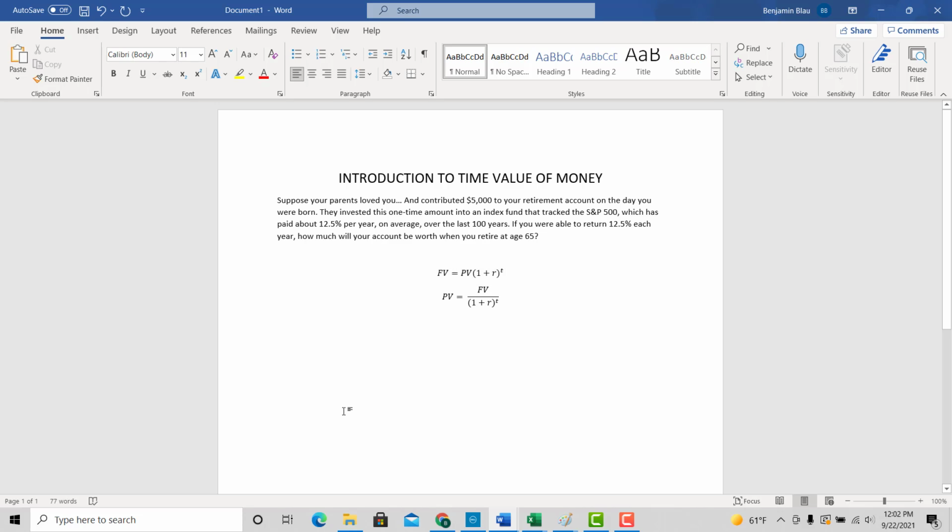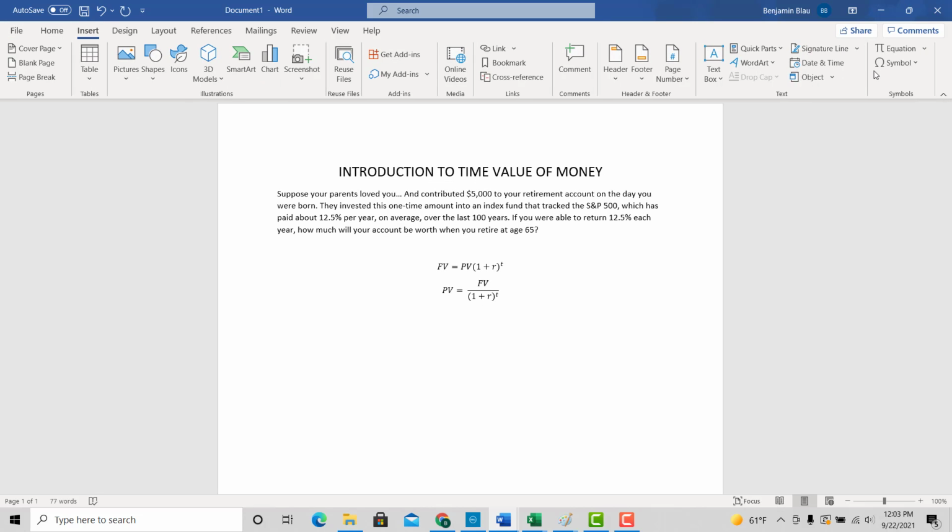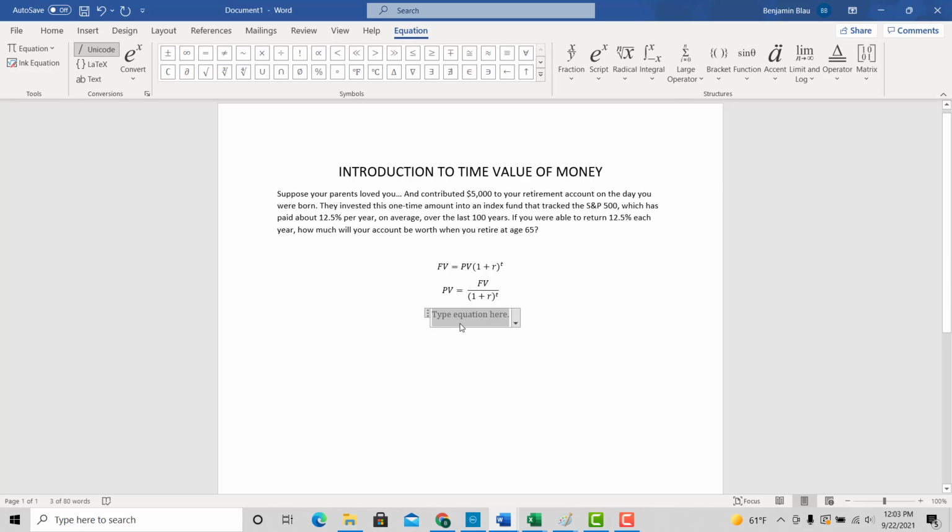In other words, to solve for R, first, 1 plus R raised to the power of t is going to be equal to future value divided by present value. You should be able to follow that algebra there.